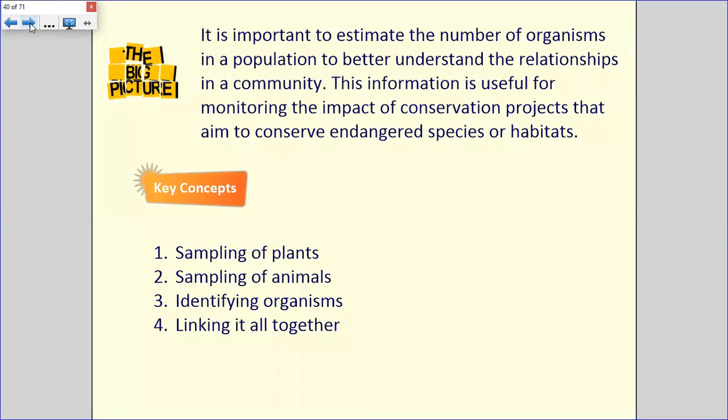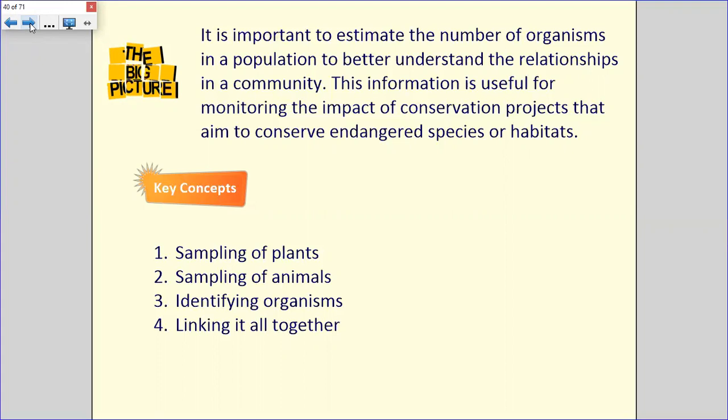So what are we going to learn about today? Well, we're going to learn about how we know which organisms there are in a particular area. Look at methods that we use to calculate the numbers of organisms in a particular area. And when we know the number of organisms in a particular area, that can help us to understand some of the relationships that are taking place within the community.